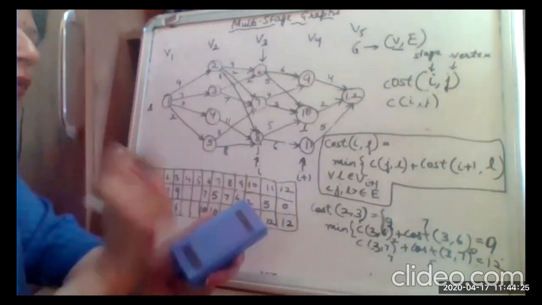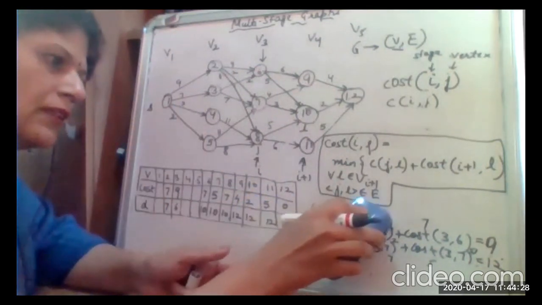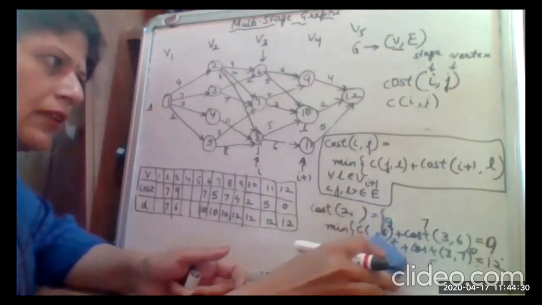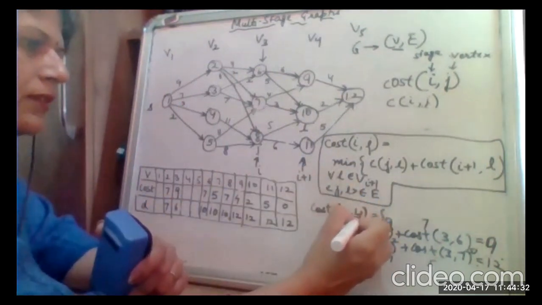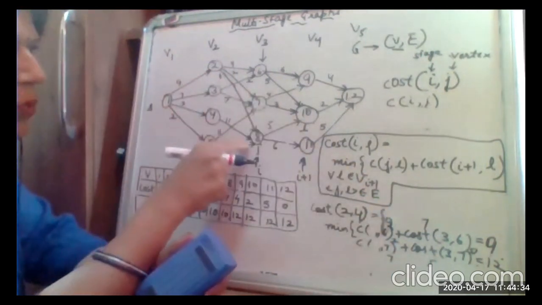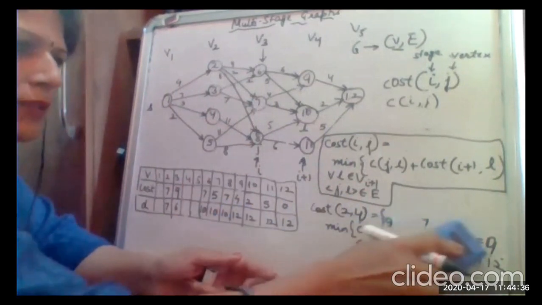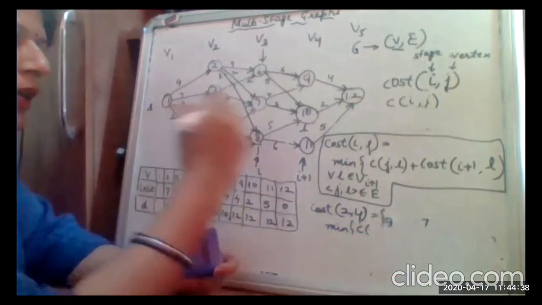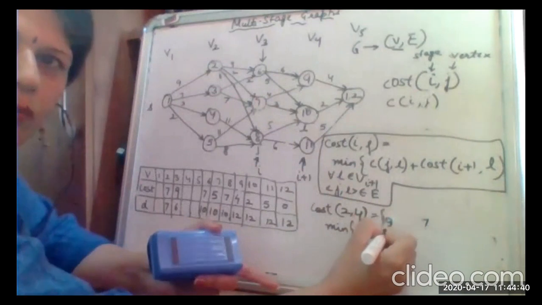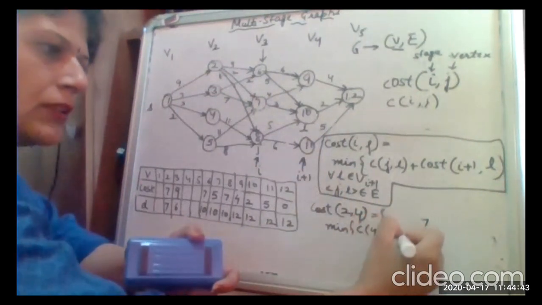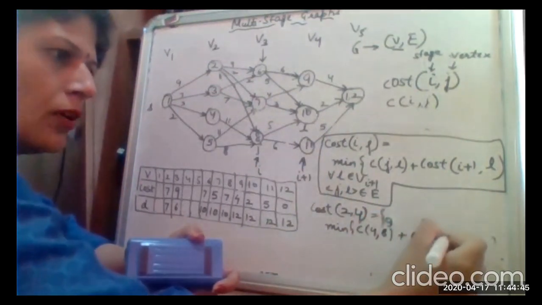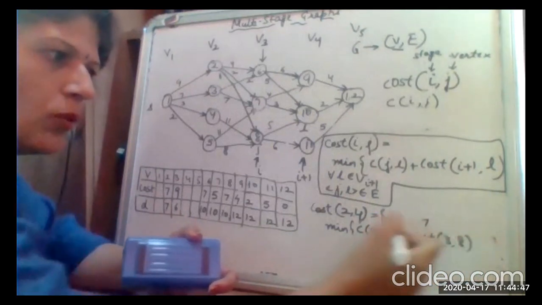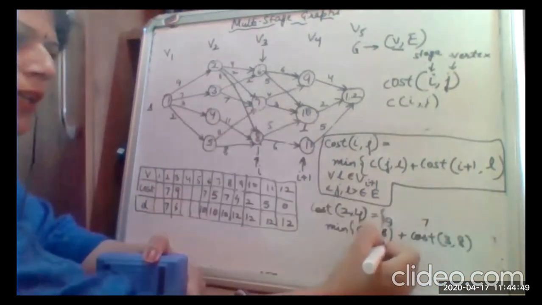Next one is your fourth vertex at the second stage. And this one is only connected to 8. So there will be only one value. That means cost of the edge 4 to 8 plus cost of the third stage, 8th vertex. 4 to 8 is 11.